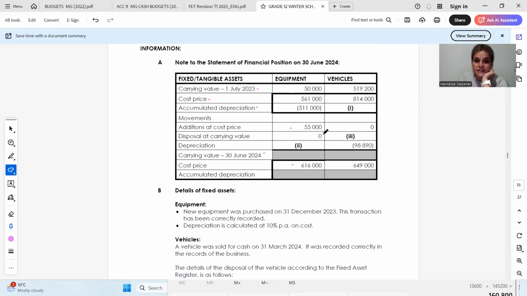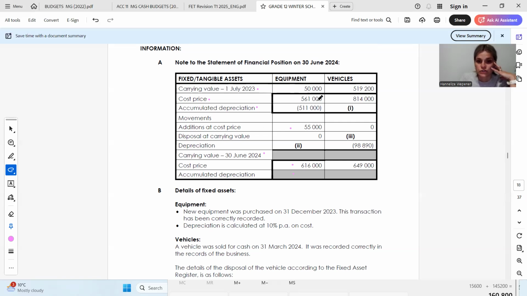We didn't have any disposals during the year, so that's why it's that straightforward. Then accumulated depreciation plus your depreciation movement for the year is equal to your accumulated depreciation at year end, but they don't want you to calculate that. They only want you to calculate the depreciation expense on your equipment for the year.